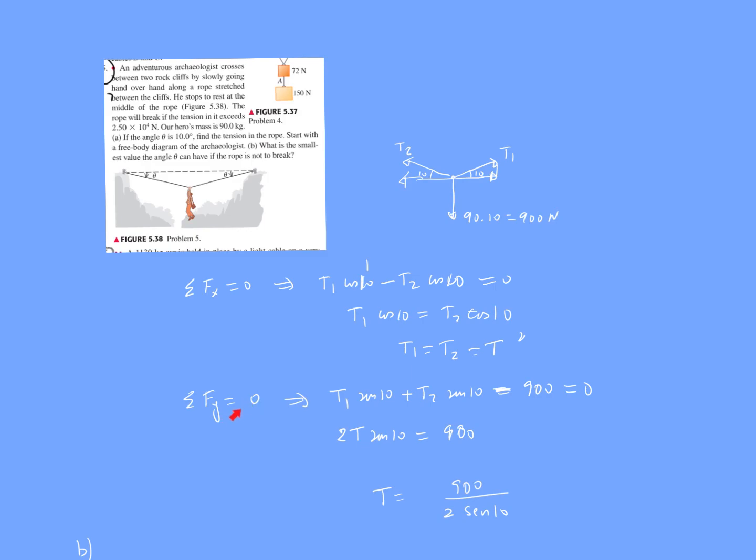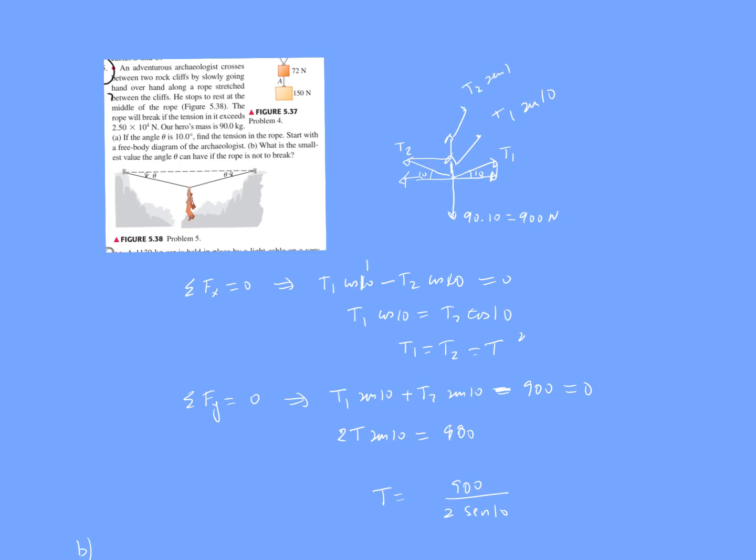So I see the component of T1 going up, and another component that is the same, so there is 2 times T1 sine of theta. This is T1 sine of 10, and this is T2 sine of 10.